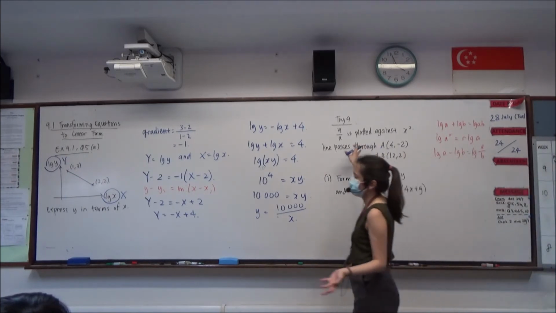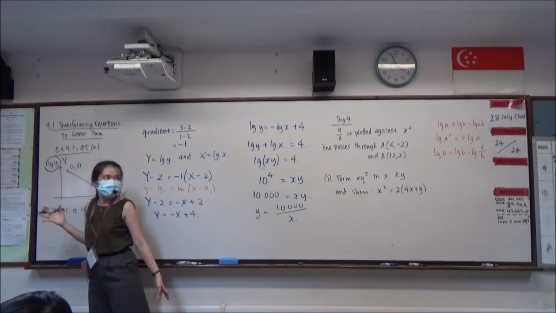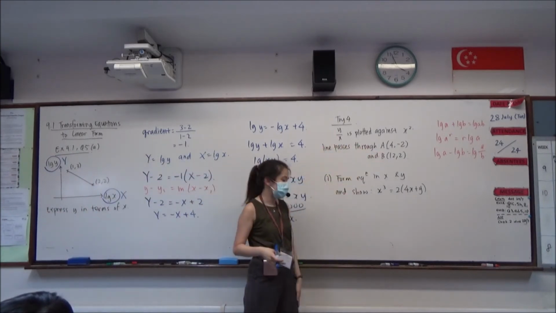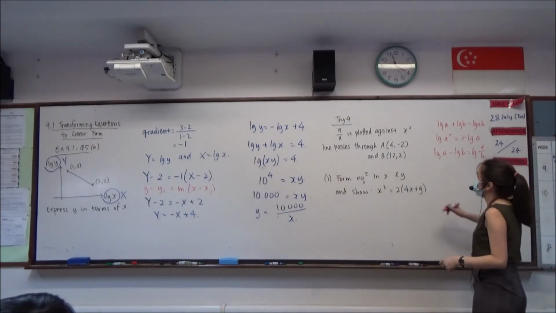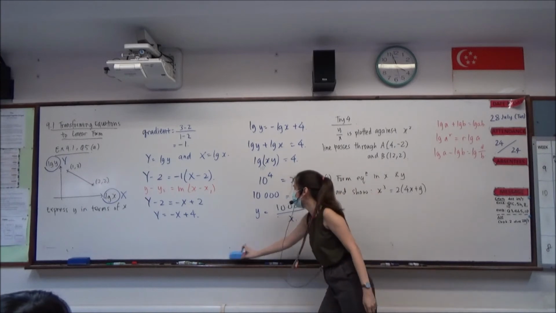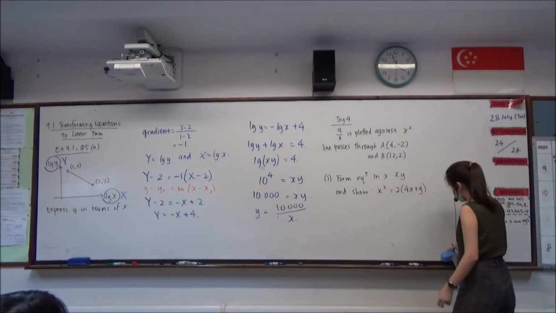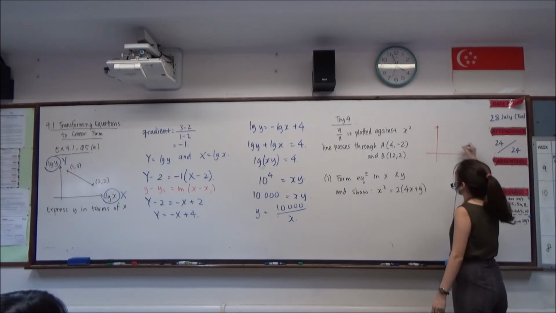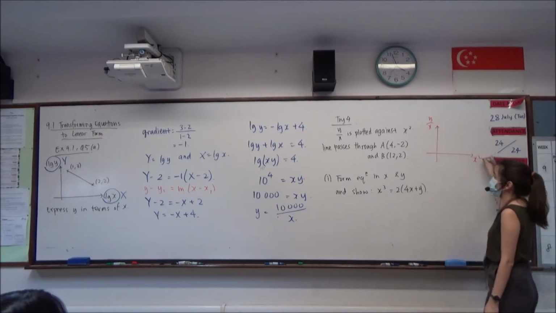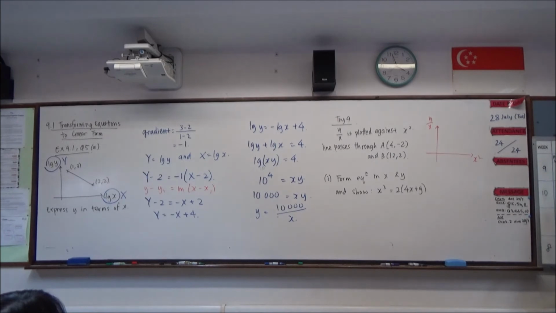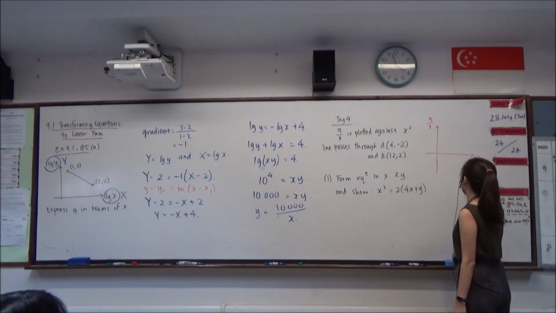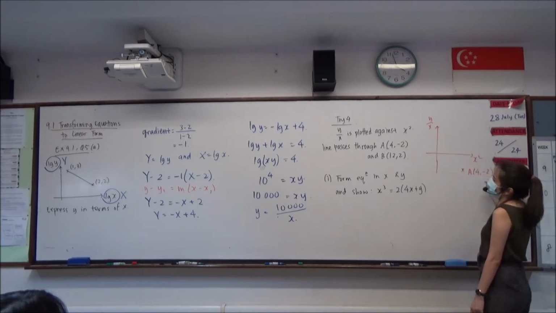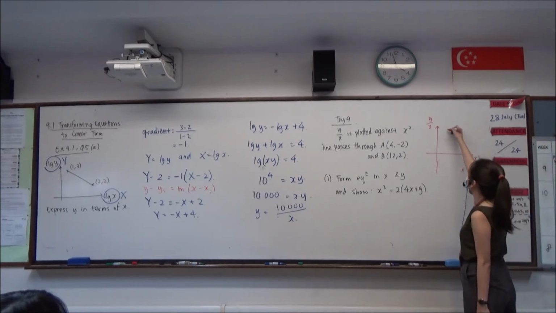It is essentially just a word illustration of a picture. We have y over x plotted against x squared. If you need to, you may draw a diagram on your own. So it's always vertical against horizontal. And then there is a line that passes through (4, -2), maybe about here, and (12, 2), maybe about here.